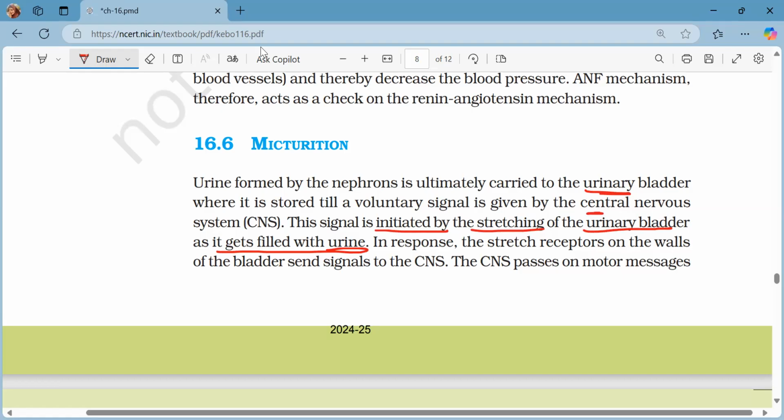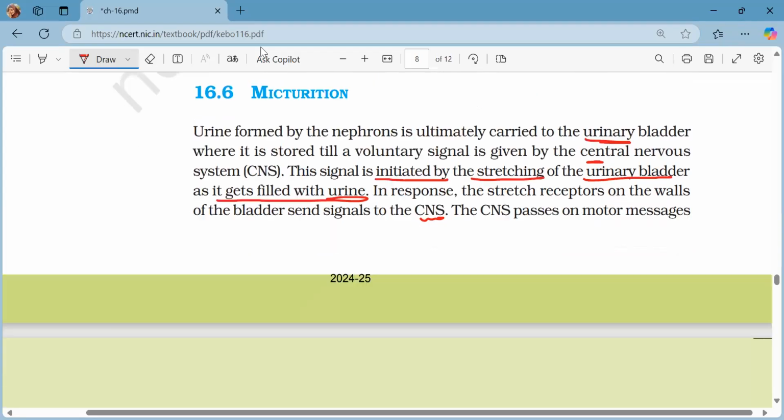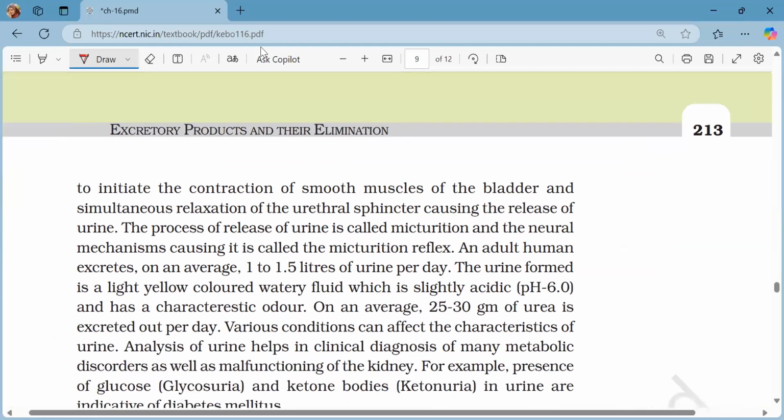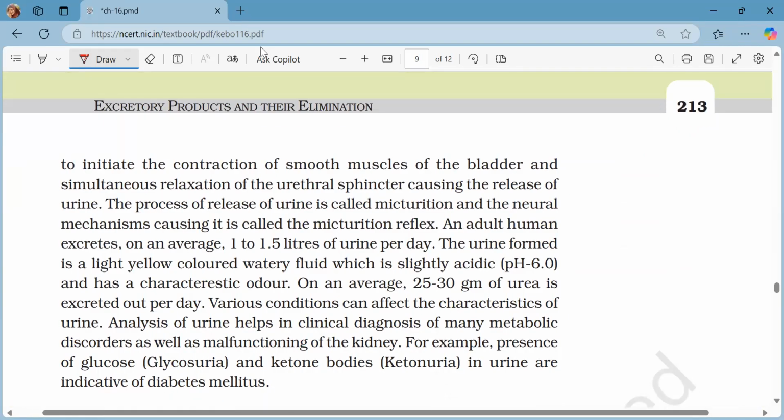The stretch receptors send the signal to the CNS, and then the CNS causes the contraction of the smooth muscles of the bladder and the relaxation of the urethral sphincter, and thereby the release of urine out of the body.